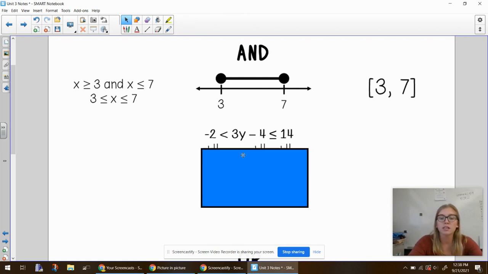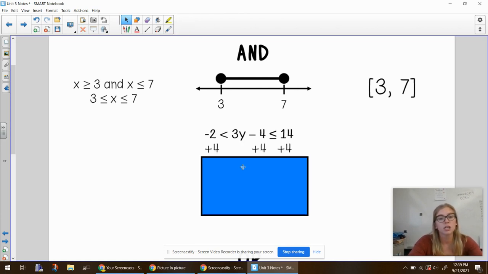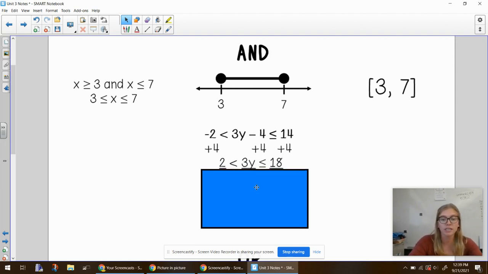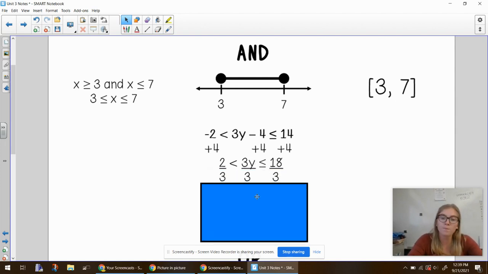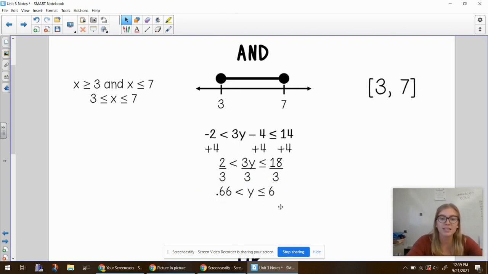So let's see what that looks like. We're going to add 4 to all three parts of this inequality. We're trying to isolate y, so 3y minus 4. To undo the minus 4, we add 4 to all three parts of the inequality. And we get 2 is less than 3y, which is less than or equal to 18. Then we're going to divide all parts of the inequality by 3. And we get 0.66 is less than y, which is less than or equal to 6.